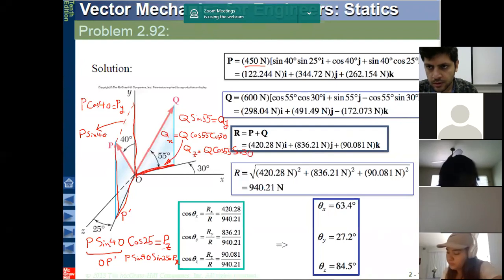So here you need to be careful about the signs, as we discussed last session, because as you can see, this OQ prime line has a negative z component. So when you're writing qz in the formula, you must put a minus sign before this.